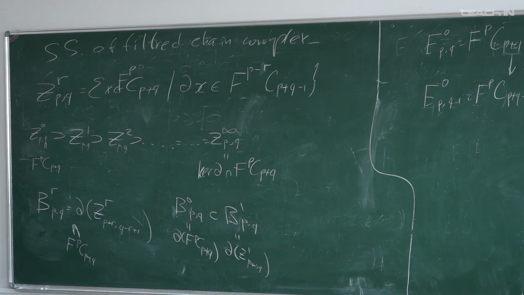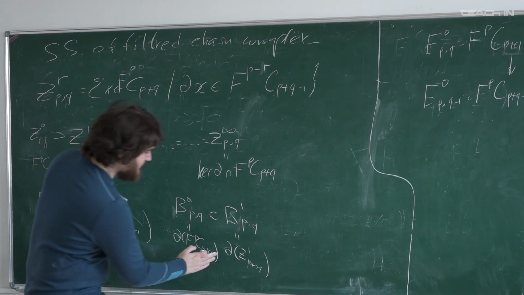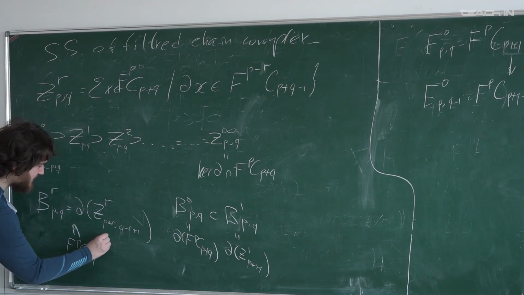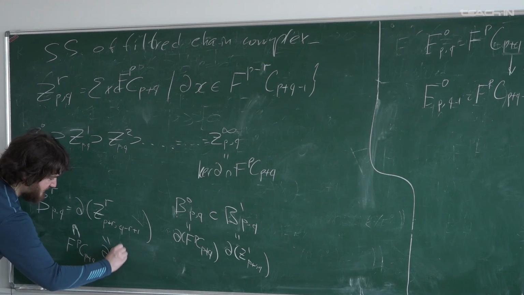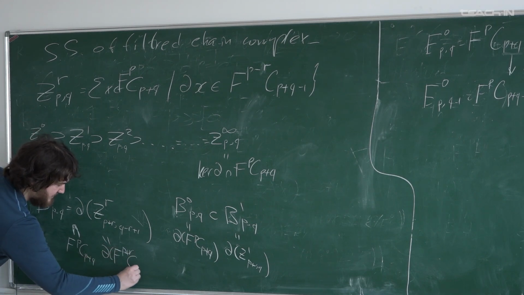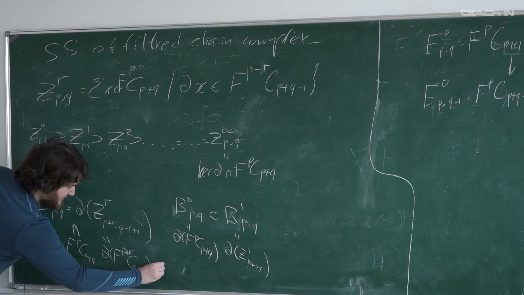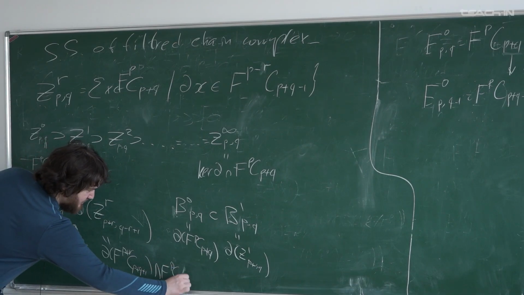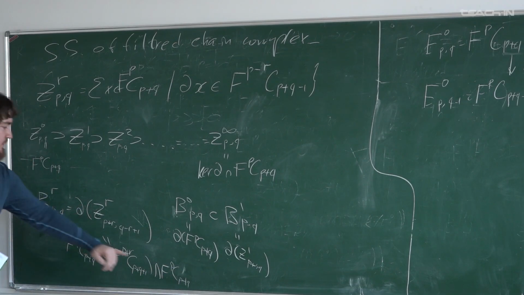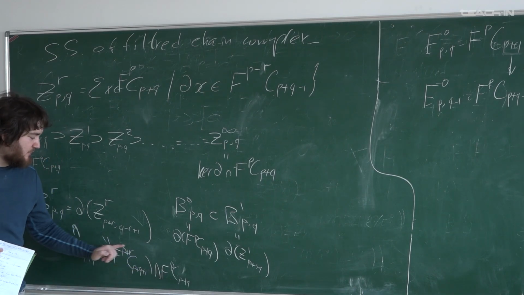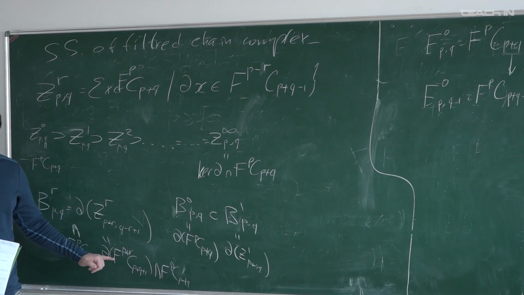So what is this? In fact, this is just F_{P+R} in degree P+Q+1 intersected with F_P C_{P+Q}. So this is just elements of this filtration which are boundaries of this P+R filtration.